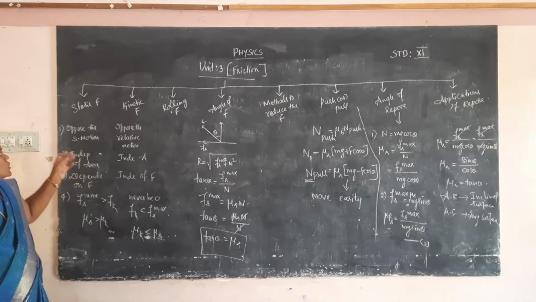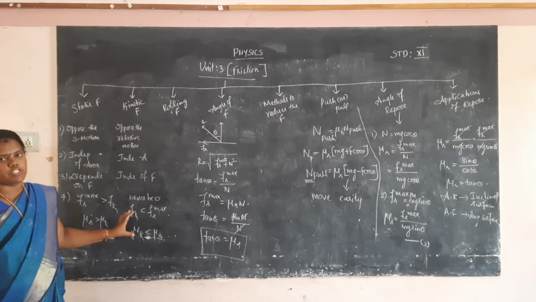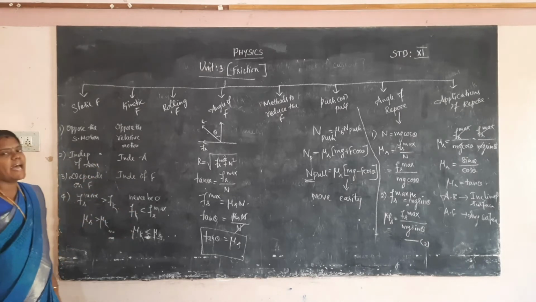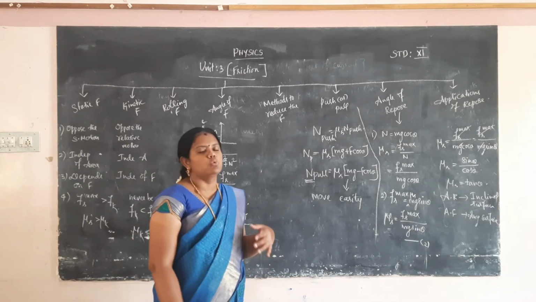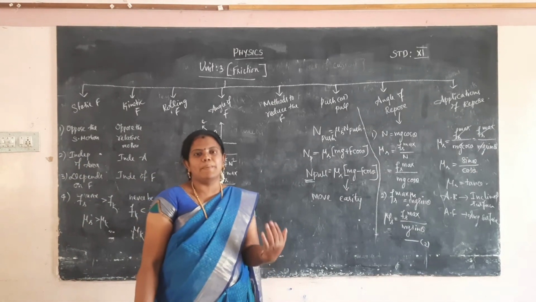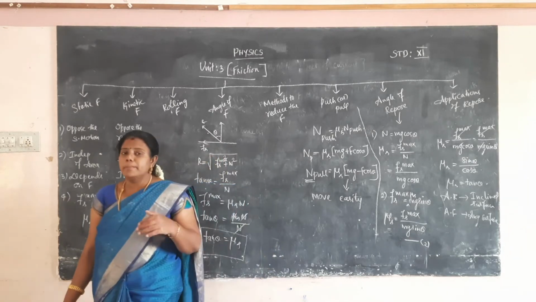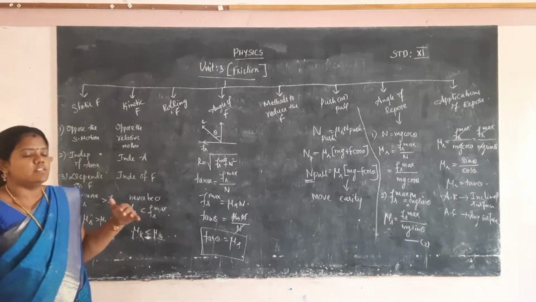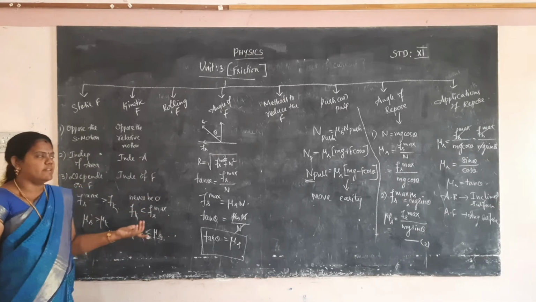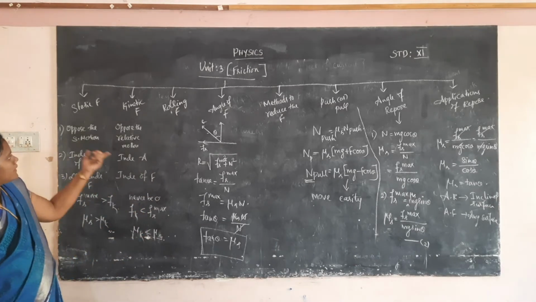Okay. So what is static friction? What is kinetic friction? The friction that acts between two particles at rest, when the particle is trying to move outward. The force that acts between the floor and the object and does not allow the object to move is called static friction. And kinetic friction is also there.